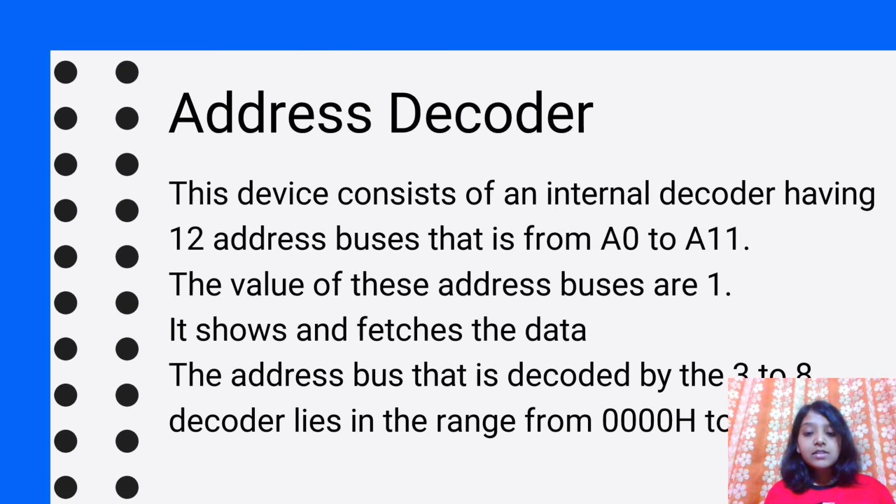This device consists of an internal decoder having 12 address buses, that is from A0 to A11. The value of these address buses are 1. It shows and fetches the data. The address range decoded by the 3 to 8 decoder lies from 0000H to 0FFFH.